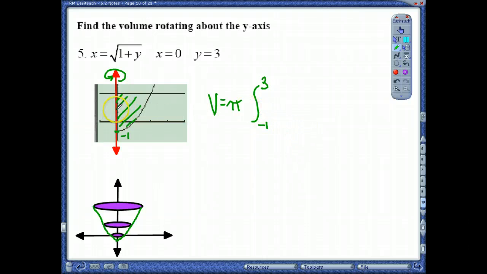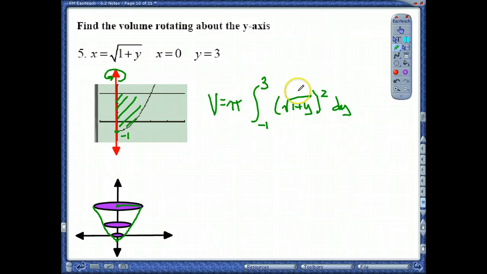And then basically you can look at it as a washer if you want to. You've got your right function down. So when I'm looking at my radius, I'm going this way. Okay, so it's function to the y-axis, sorry about that. So I've got the square root of 1 plus y squared dy.